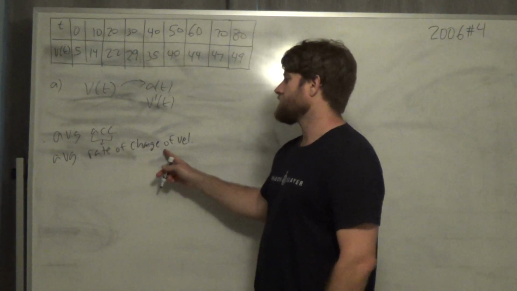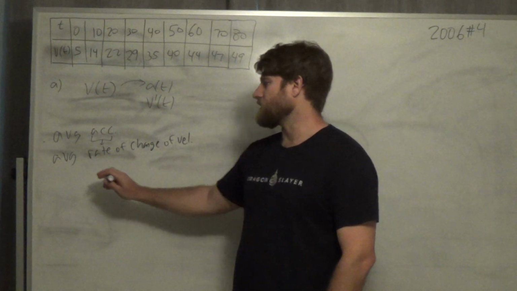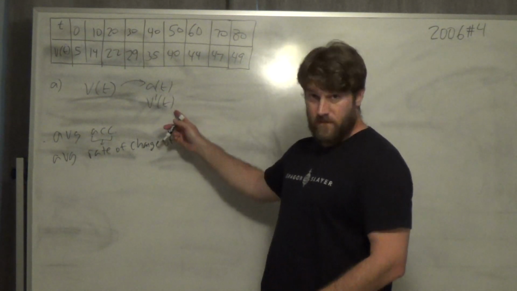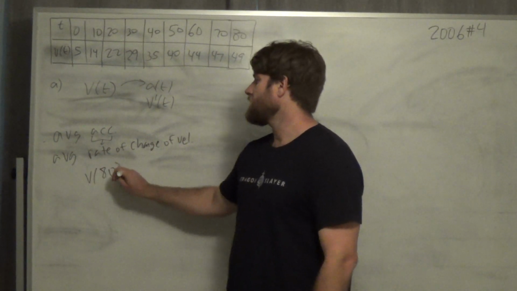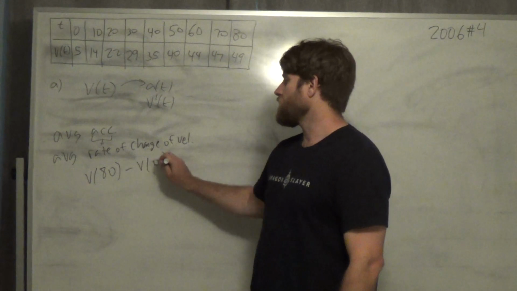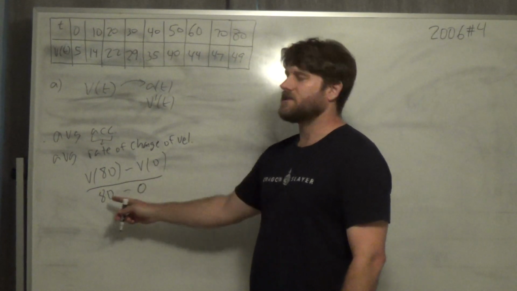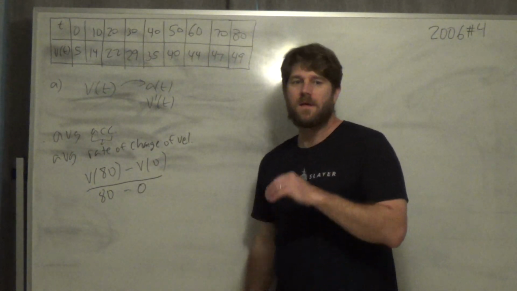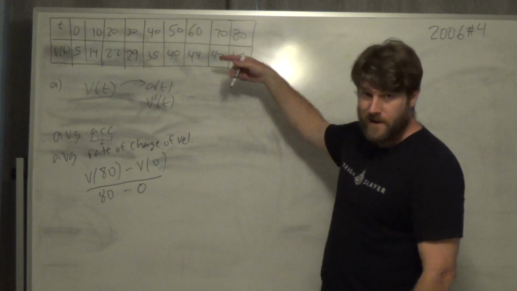So they want average acceleration, meaning they want the average rate of change of velocity, so we estimate the derivative using slope. V of 80 minus V of 0 over 80 minus 0. How much does velocity change over time? Change in velocity over time is acceleration. So basically you're finding the slope from ordered pairs.